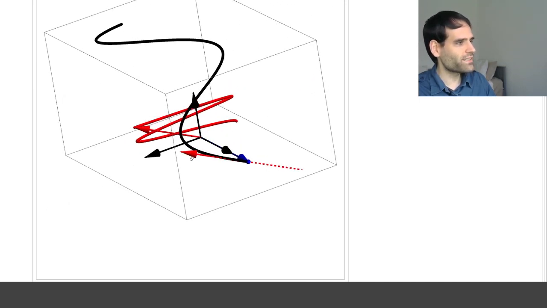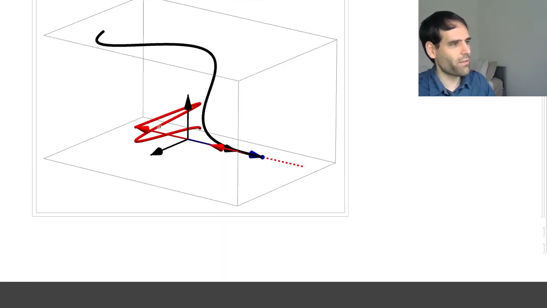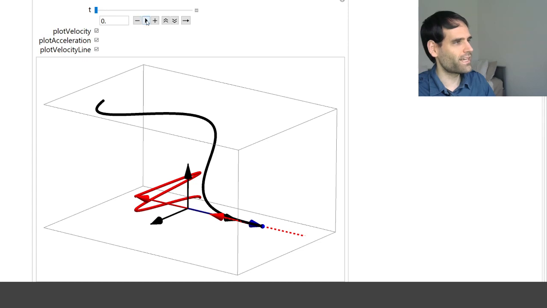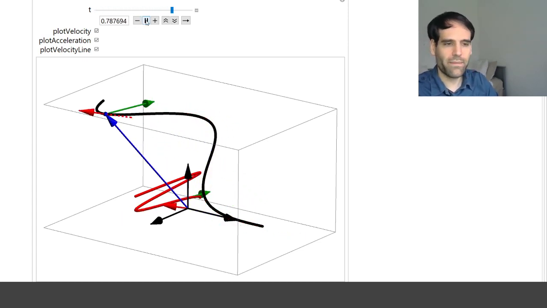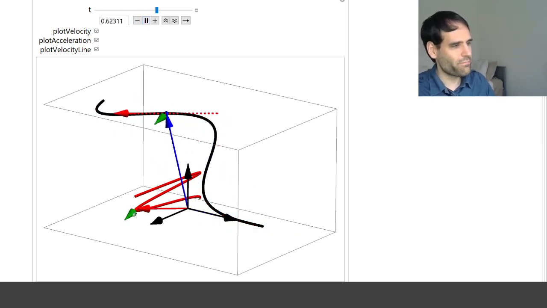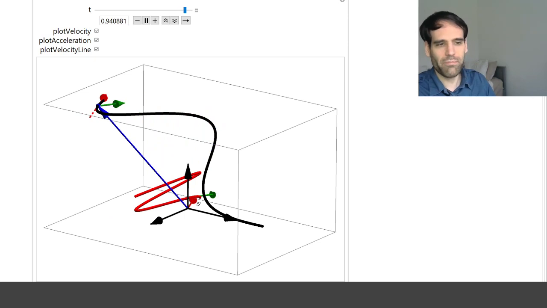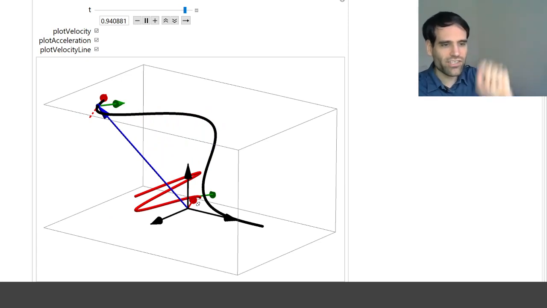So now you can imagine that this velocity vector is tracing another path, which is this red path here. Okay, so notice that as we play, this red vector is tracing this path. Okay, and now the acceleration, which is the green vector, is tangent to that path. Okay, so that explains it. So always the derivative of a vector is always a vector tangent to the path that this vector is tracing, but only when you put, of course, the vector in the origin.